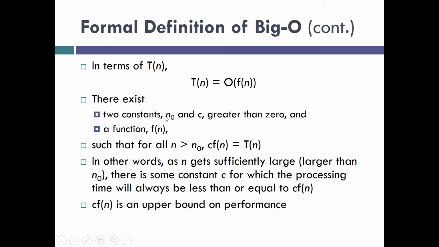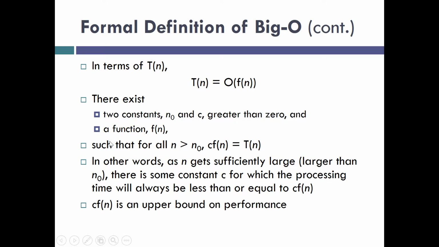The first is called n naught, and the second is c. Remember, n is the input size. So n naught is a sufficiently large input size. And then there's c, which is a constant bigger than 0. And then there's a function f of n.